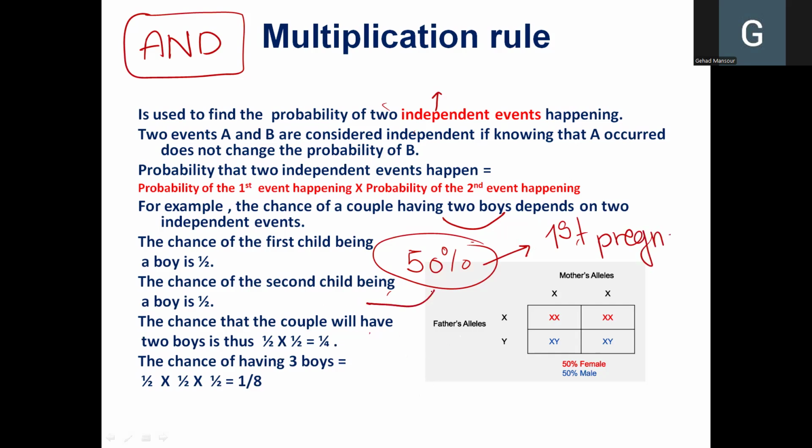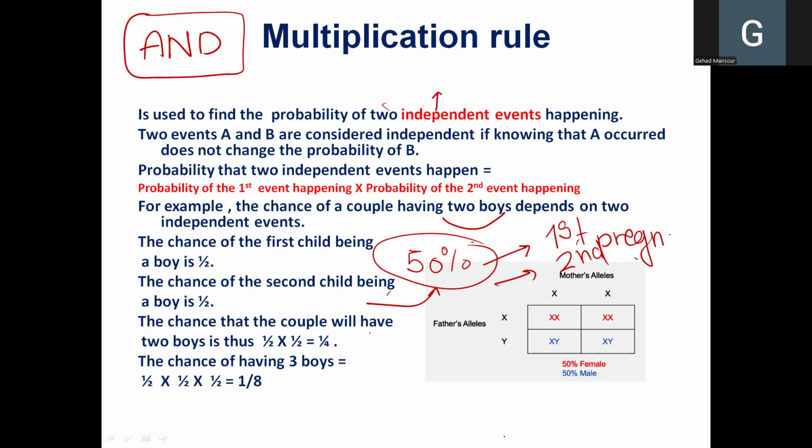Similarly, there is the same probability, 50% or half, in the second pregnancy. So the chance that the couple will have a boy and another boy, so it's not a boy or a boy, it's a boy in the first pregnancy and a boy in a following pregnancy. Not necessarily, by the way, that they are sequential.